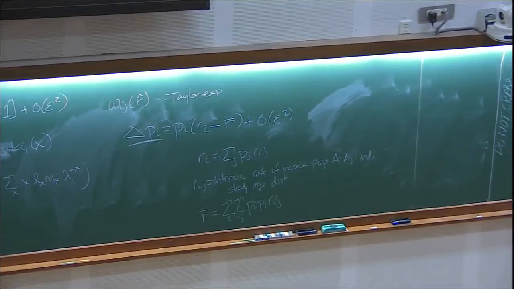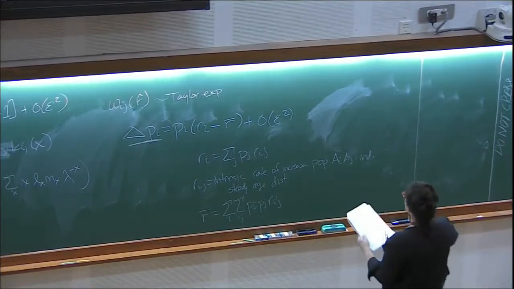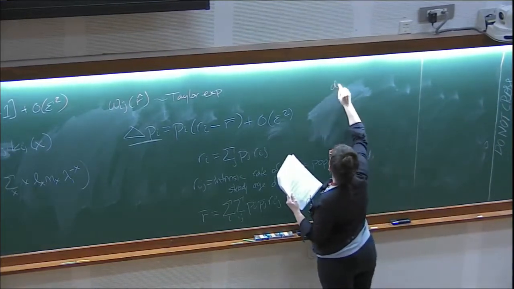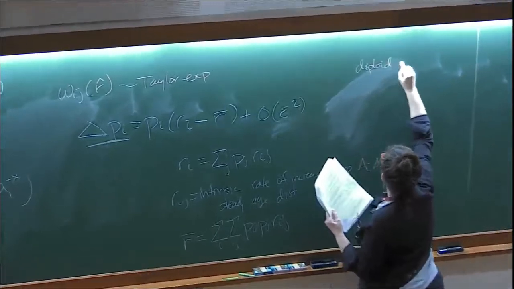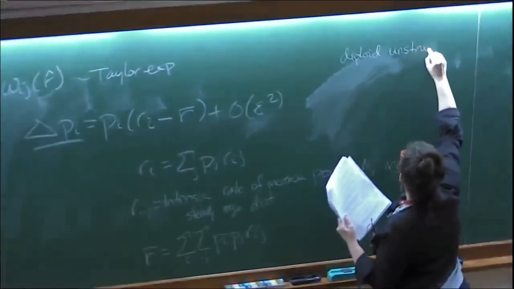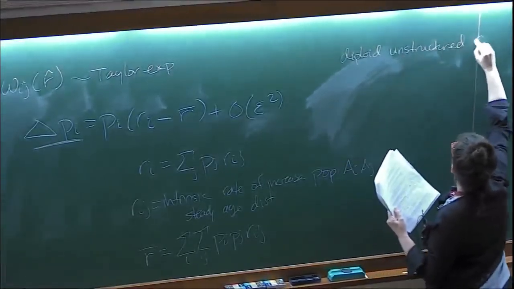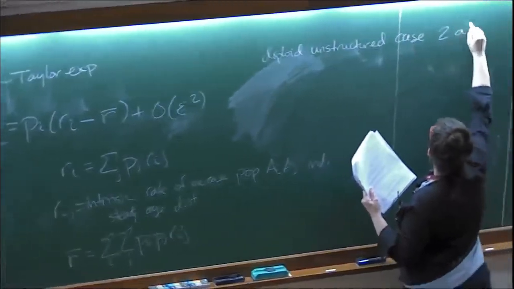We saw something very similar to this earlier, and I just want to write over here the classic diploid unstructured case for two alleles.